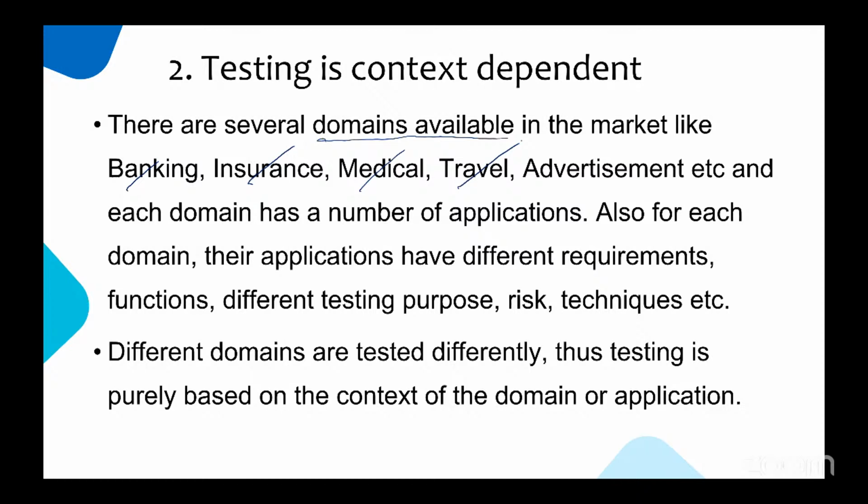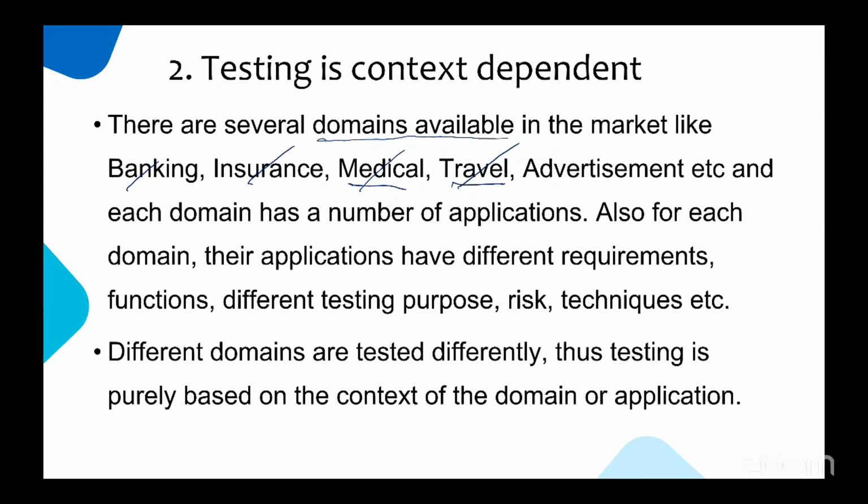In banking, we have so many banks in our country; there are insurance companies, healthcare with different medical products, and travel, where flight bookings come under travel. And then what else? E-commerce, which is now at its peak. So like this, we have so many domains.